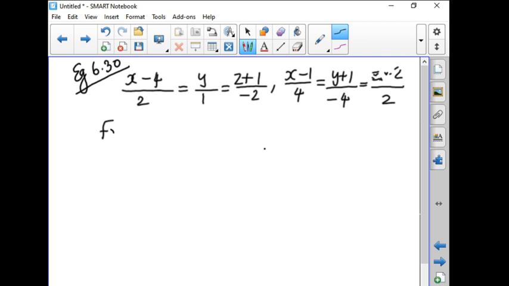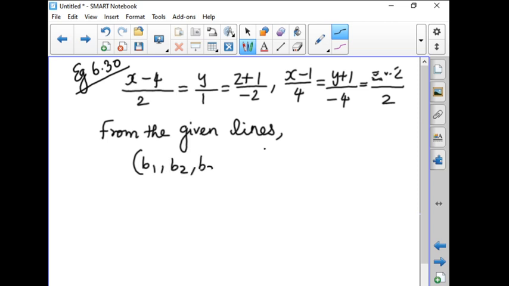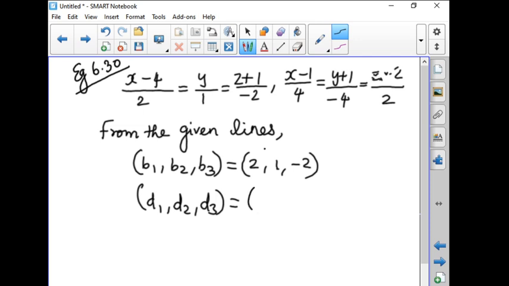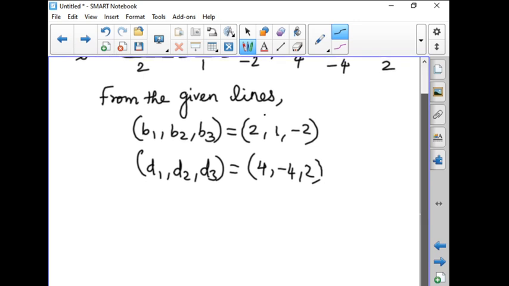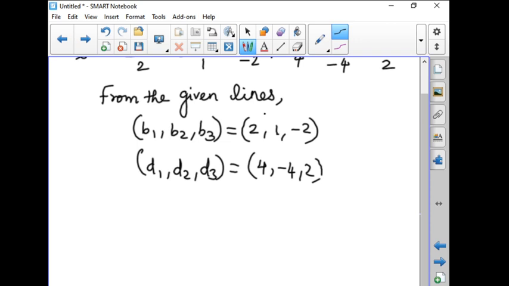So from the given lines, we can write what is b1, b2, b3 and what is d1, d2, d3. b1, b2, b3 is from the first line denominator, that is the parallel vector, 2, 1, minus 2, and d1, d2, d3 is equal to 4, minus 4 and 2, from the second line. So we have taken b1, b2, b3, d1, d2, d3 from the given two lines.